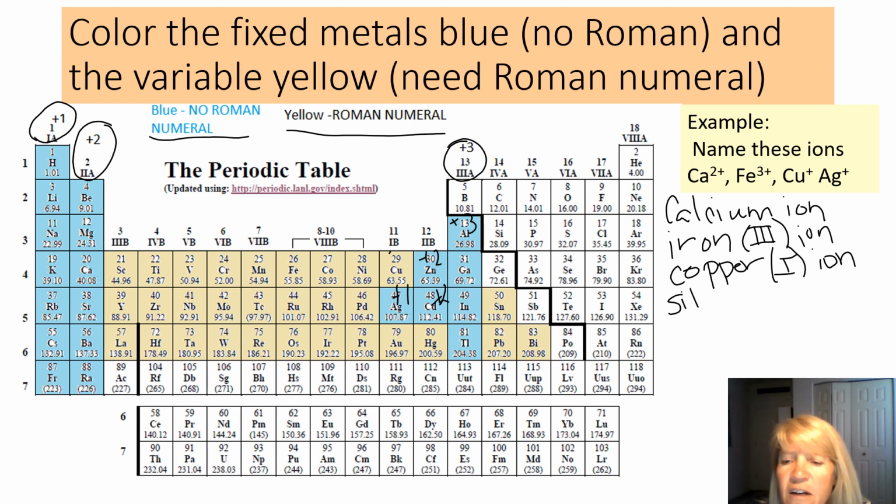Does it need a Roman numeral? Well, let's look at it. It's transition, but it's blue. Silver is always going to be +1, so we just call it silver ion. So in naming the cations, if they're blue, they don't get a Roman numeral. If they're yellow, they do. And the Roman numeral is the charge.